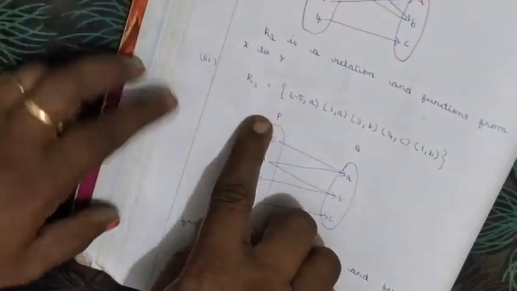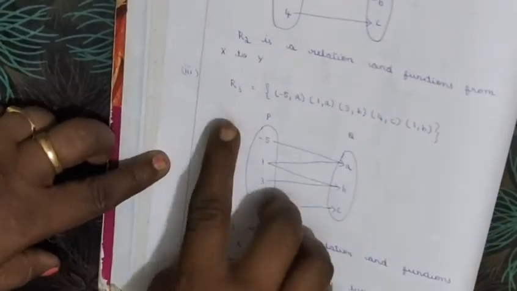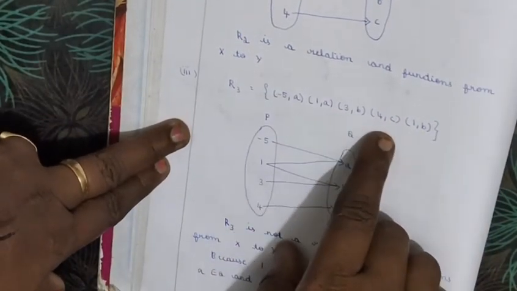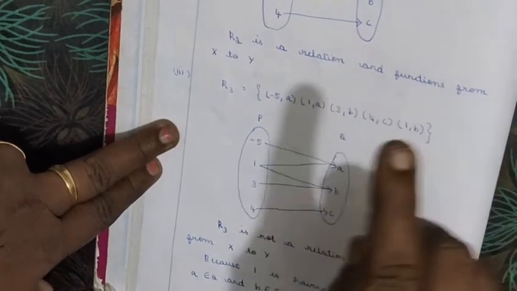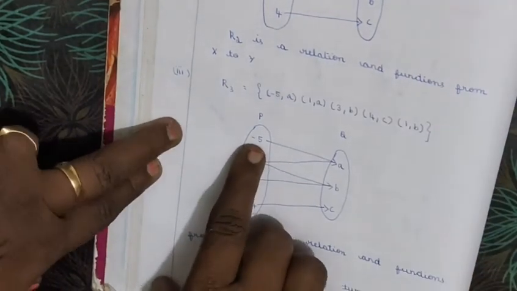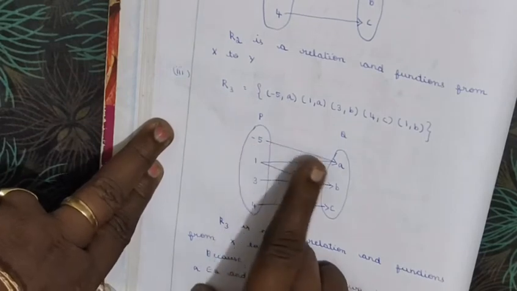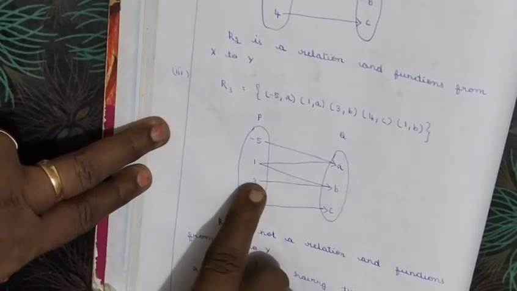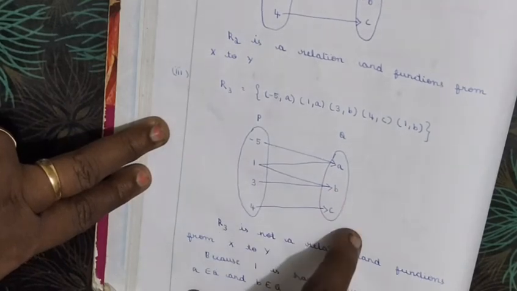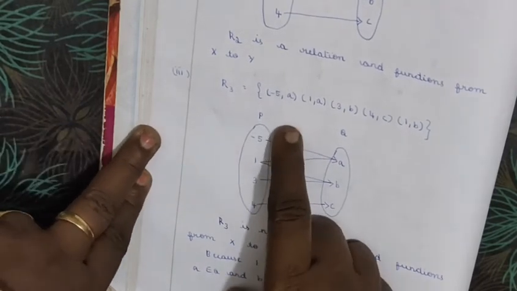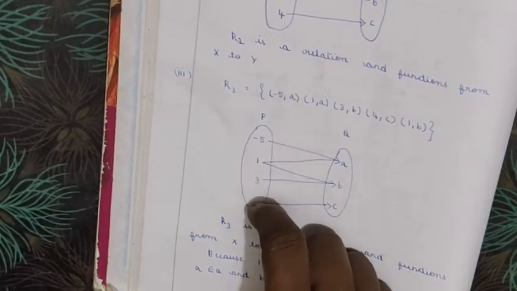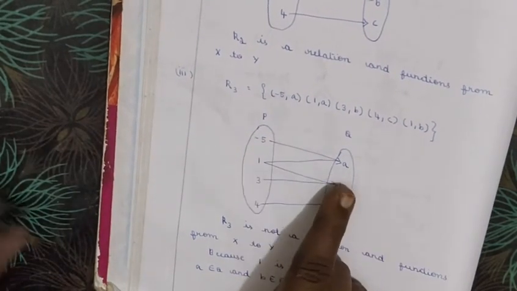Okay. Now the third one. The third one, R3, is given as minus 5 comma A, 1 comma A, 3 comma B, 4 comma C, 1 comma B. Okay. Now minus 5 comma A, 1 comma A, 1 comma B, 3 comma B, 4 comma C. Now here, in order to find whether it is a function or not, we have to see whether these pre-images have images.